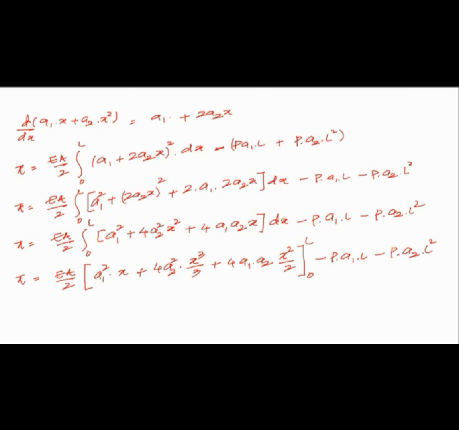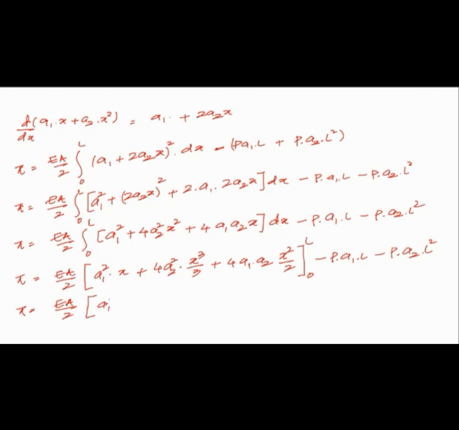See here, all these three terms consist of x. Here I have x, here I have x, and here also I have x. When I substitute x as 0 in the lower limit, this entire term will become 0. Only I have a value for L in the upper limit. Therefore, let us show only the substitution of the upper limit. I'll not show the substitution of the lower limit, because my lower limit is 0 and all the terms consist of x.